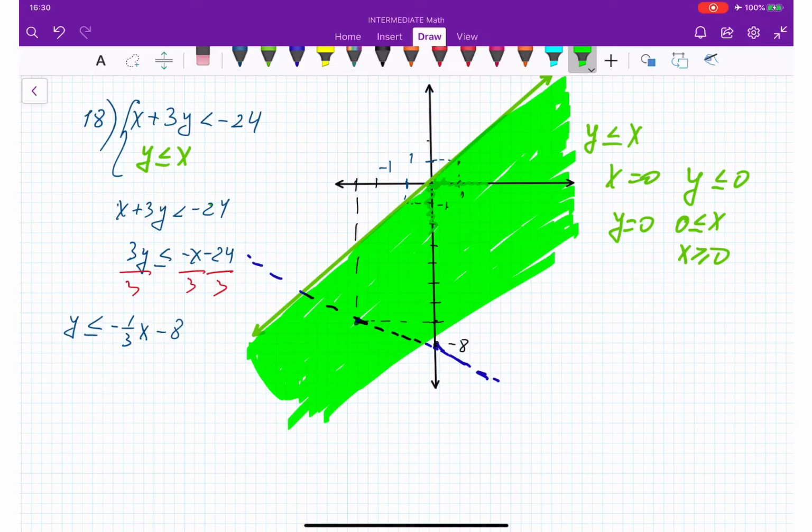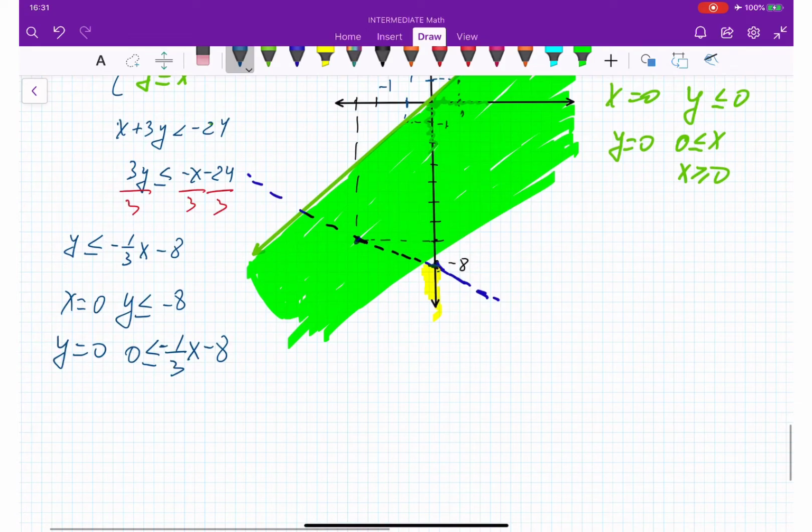Now, with this one, so what do we have? When x is equal 0, we get y is less equal -8, right? Where is my -8? It's right here. So -8, which means it's going to go down like this, yes? And now, if y is equal 0, we get 0 less equal 1/3 of x minus 8. So if I move 1/3 of x on this side, it's going to be positive 1/3 of x less equal -8.